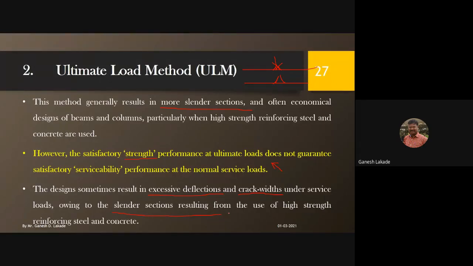Okay, so that may happen, and that is the limitation, because while designing structural members in the ultimate load method, there is no consideration of this serviceability criteria.